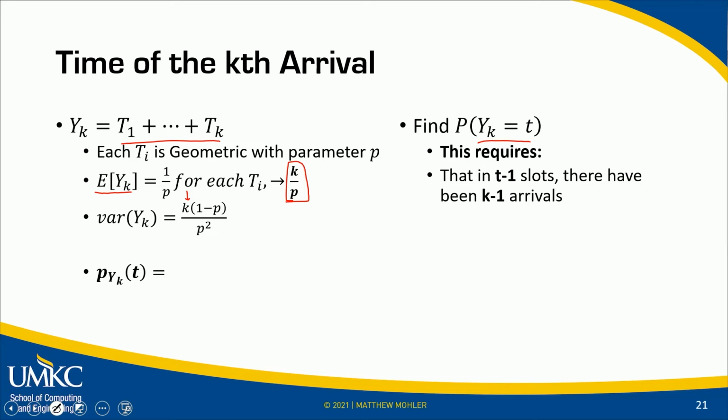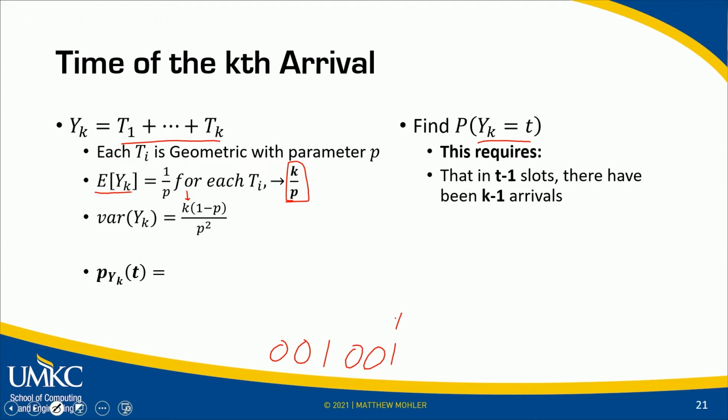The first of that is, if we draw this out, we have some series of 0, 0, 1, 0, 0, 1 maybe. The first thing that we would ask is, in t minus 1 slots, there have been k minus 1 arrivals.